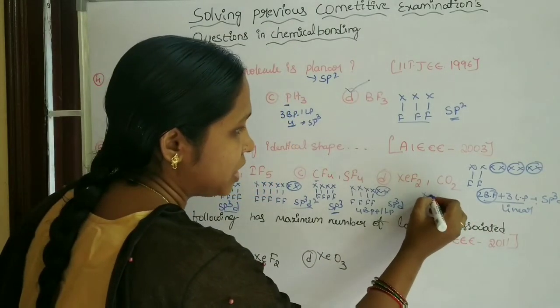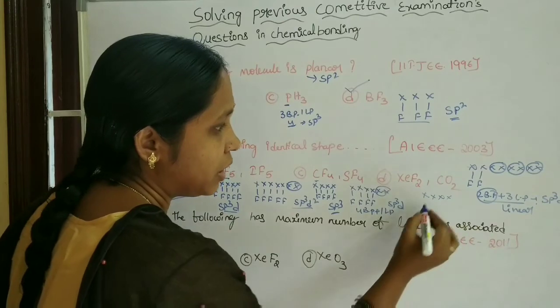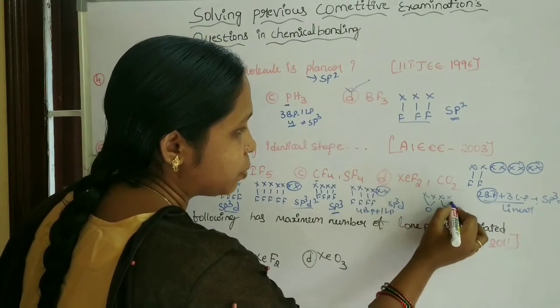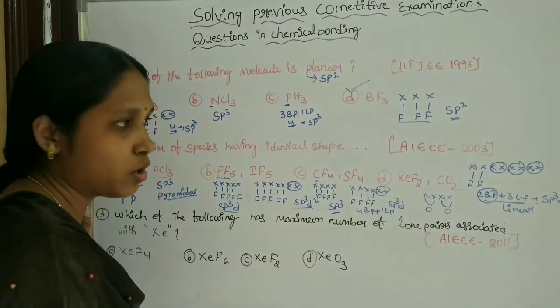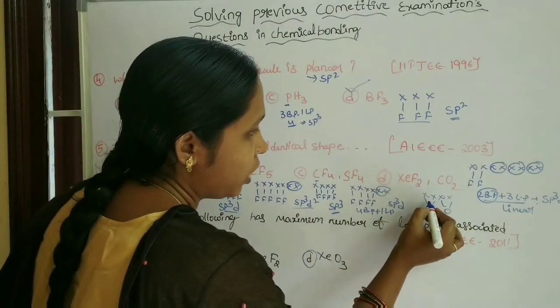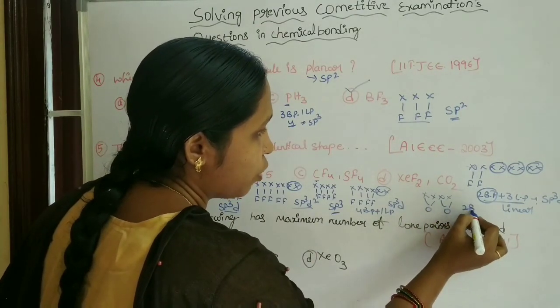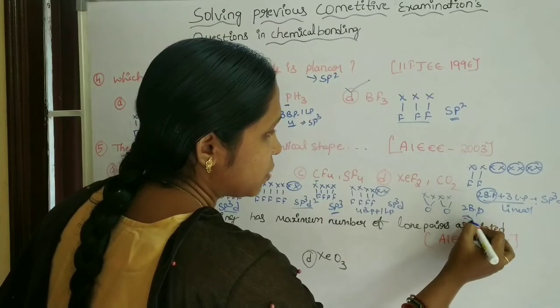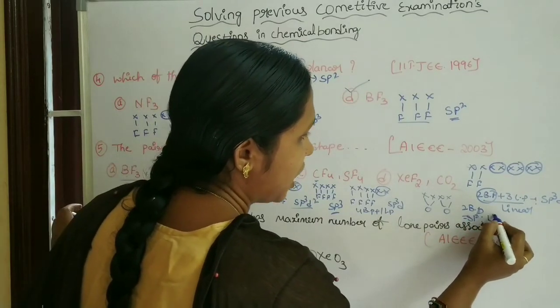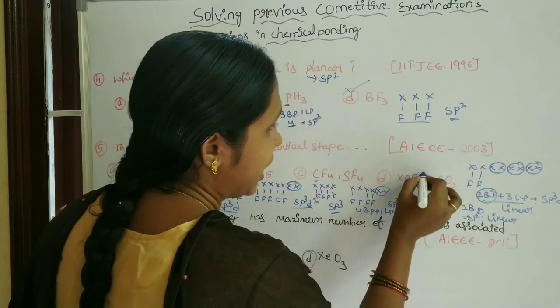And CO2: carbon is a 4th A group element. It is sp hybridized because the 2 oxygens form double bonds, but we consider only the sigma bonds. So 2 bond pairs means sp hybridized, and the shape is linear.